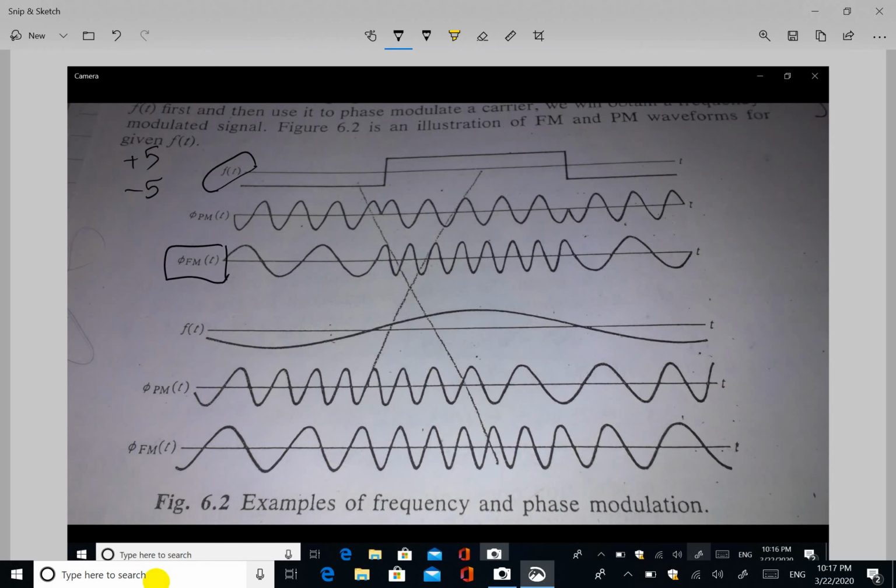So the modulated signal of digital data would have two frequencies, for example F0 for the -5 and F1 for +1. You just have two amplitudes, so you just have two frequencies.